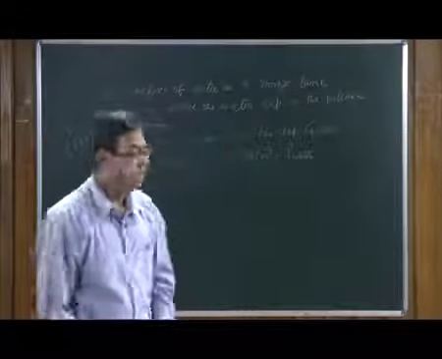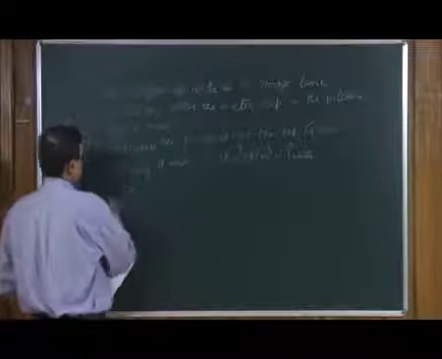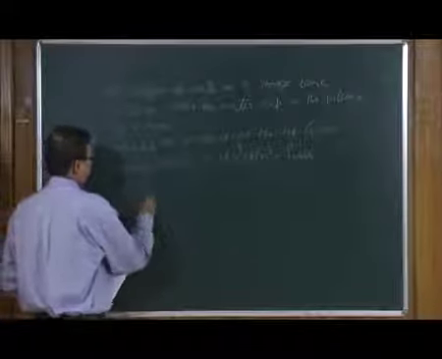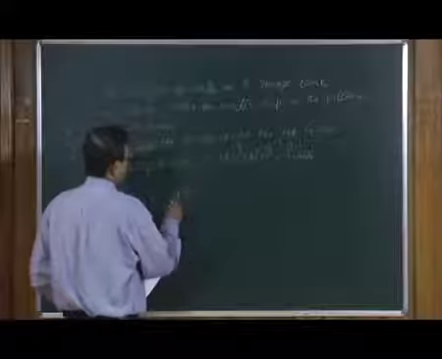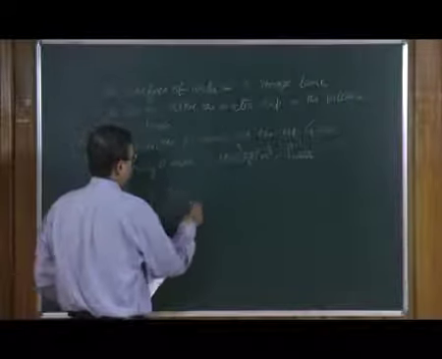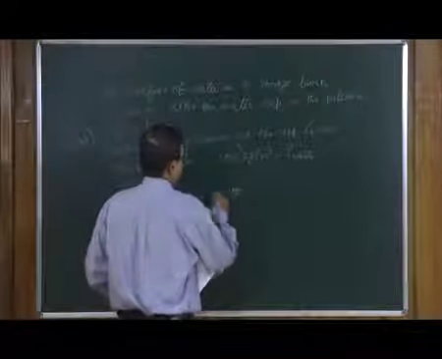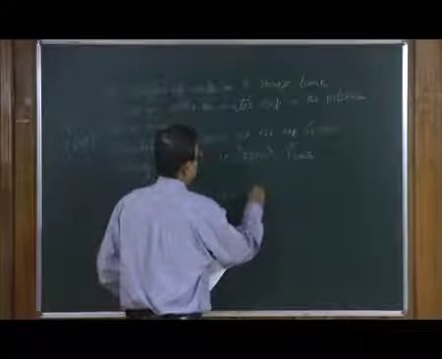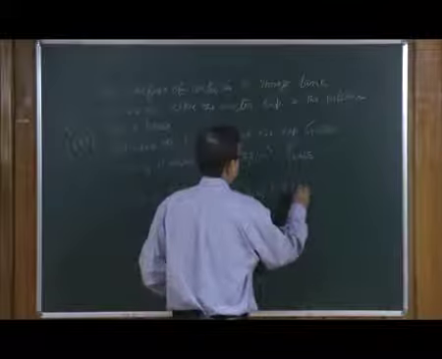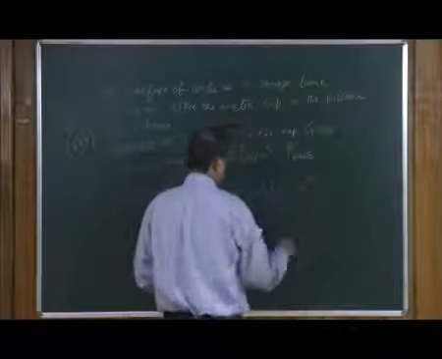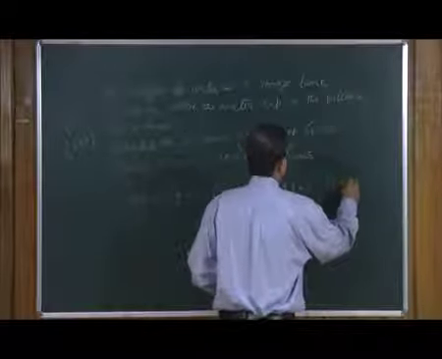So, essentially the pressure difference, delta P, is simply given by rho g into H, where rho is that of water. So, this is equal to 1 into 10 cube kg per meter cube. G is 9.8 meter per second square, and H here is 20 meters.